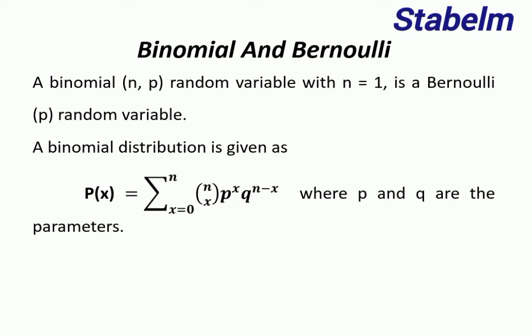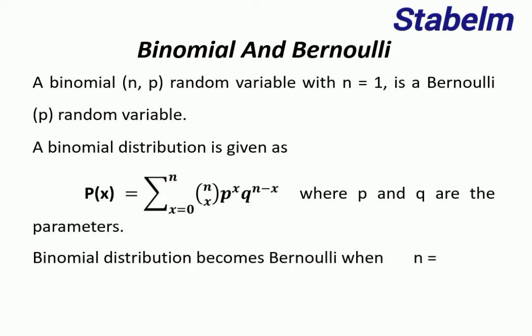Now, in a case whereby the variable runs from 0 to n, and our n equals 1, then the binomial distribution would definitely become a Bernoulli distribution. Now we say the binomial distribution becomes a Bernoulli distribution in what case? When n equals 1.